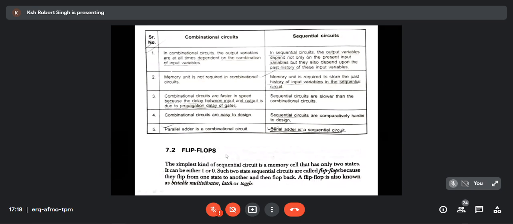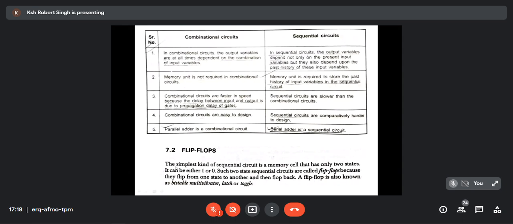All the flip-flops can store either 1 or 0. That means it is a single bit storage. A single bit can be either 0 or 1, so it stores only 1 bit. It is also the basic sequential circuit.